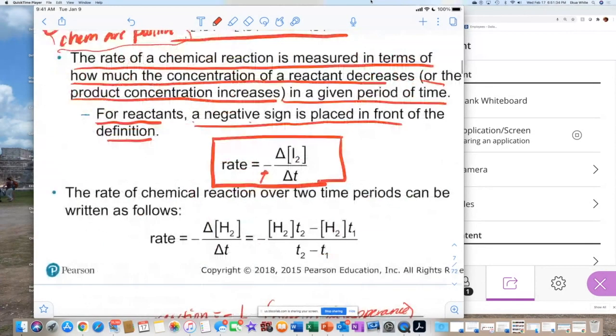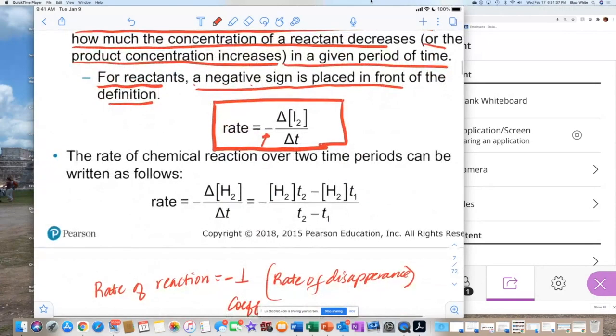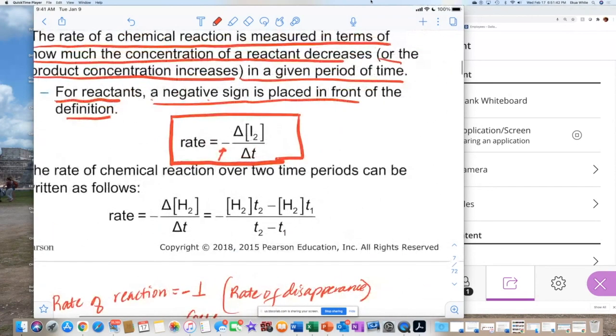Okay. So because the concentration of the reactant is decreasing, let me call it R because writing the word reactant is taking up a lot of space. We're going to do the reactant final concentration minus reactant initial concentration to figure out the difference.